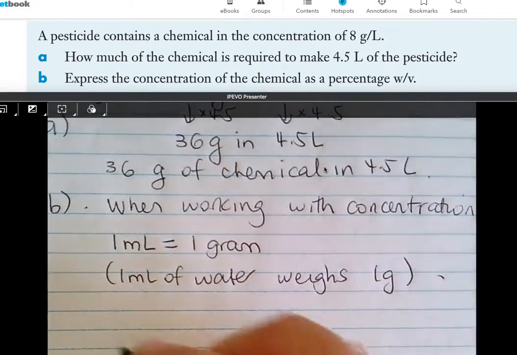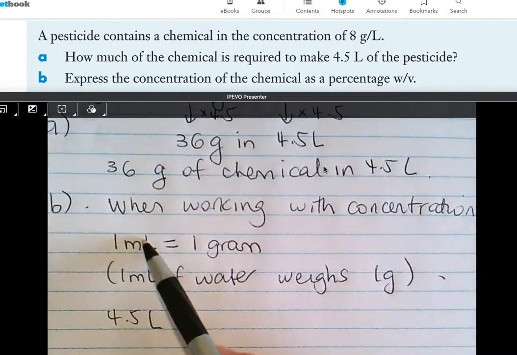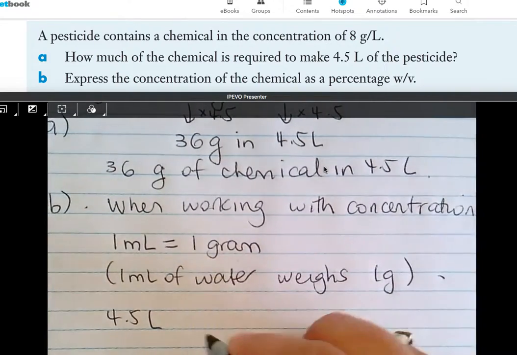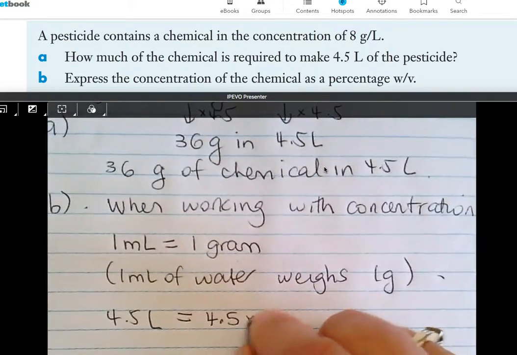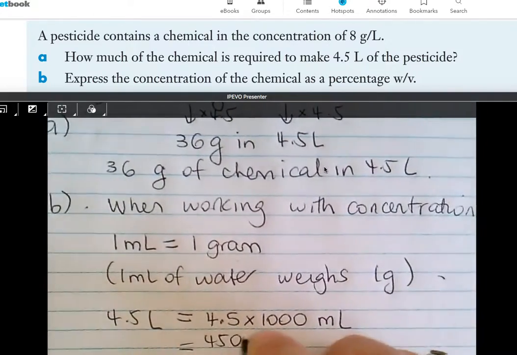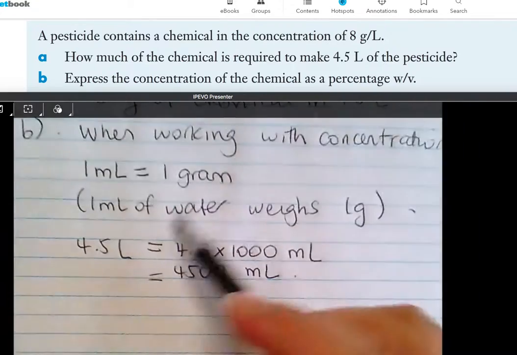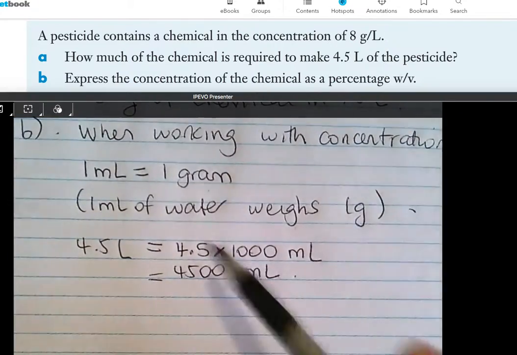So I need to get the litres into mils because they're the equivalent unit to a gram. So 4.5 litres is 4.5 times 1,000 mils, which is 4,500 mils, okay? So when working with concentration, 1 mil equals 1 gram. In other words, 1 mil of water weighs 1 gram.